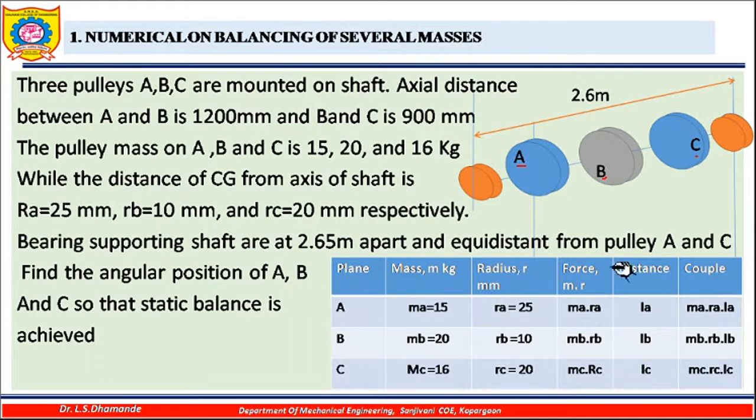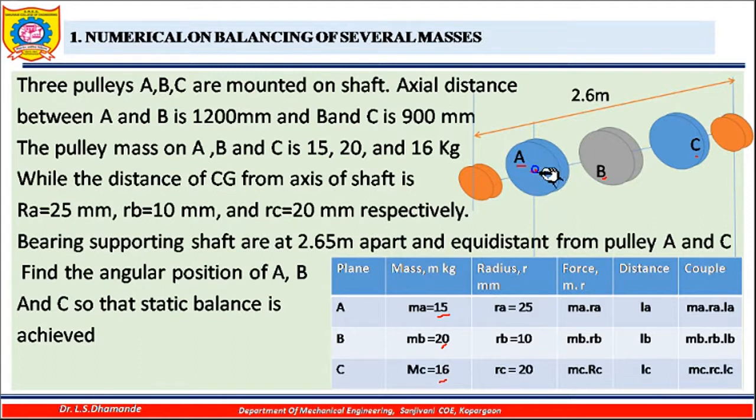In tabulated form, I have listed these three planes A, B, C, and the masses: A is 15 kg, B is 20 kg, and the third, C, is 16 kg. The distance of the CG from the axis of the shaft is, for disc A, at a radius of 25 mm from the center of the shaft.